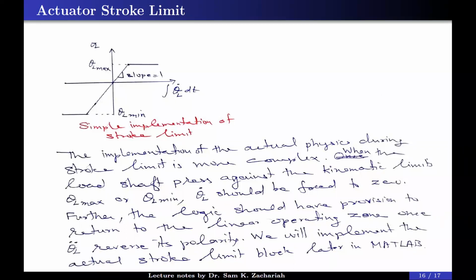Now you make the velocity 0, but it should have a provision to return back when it tries to move in the opposite direction. So the algorithm should take care of that. That's what I have written here. When the load shaft presses against the kinematic limits, theta L max or theta L minimum, theta L dot should be forced to 0.